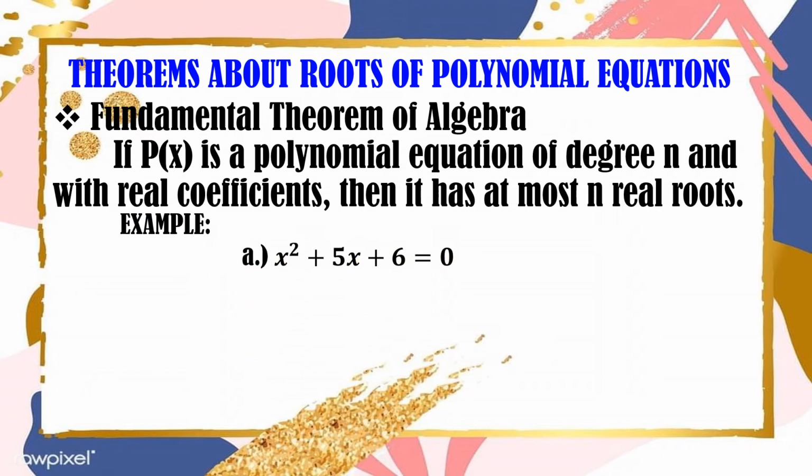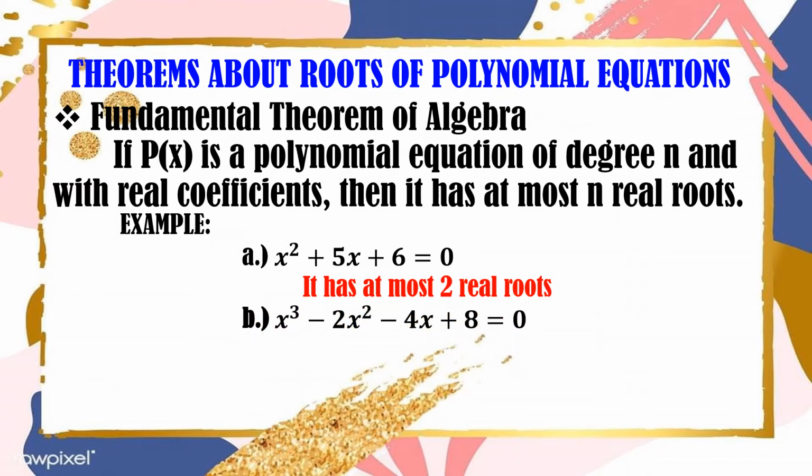For example, a, x squared plus 5x plus 6 equals 0. So, it has at most 2 real roots because of the degree n, because of its exponent 2. And b, x cubed minus 2x squared minus 4x plus 8 equals 0.